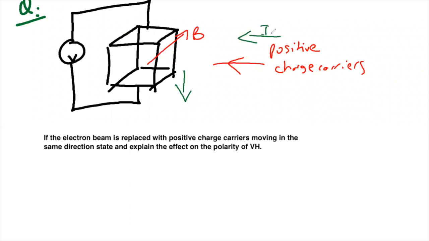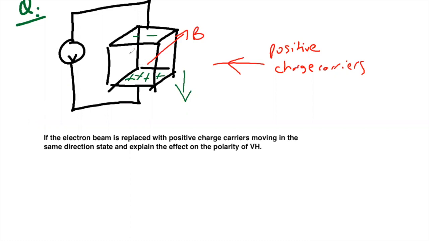Current is here. So plus is going to get piled up here, and this is going to become minus. Isn't that the same thing? Except before we had electrons that went up, but now we have pluses that go down. So it's literally going to be the same thing.